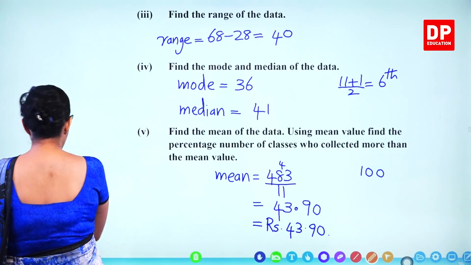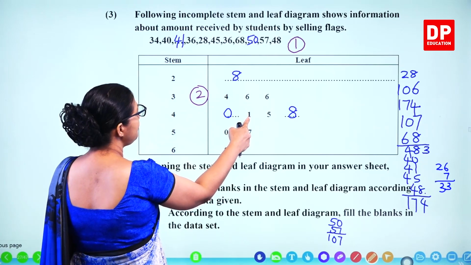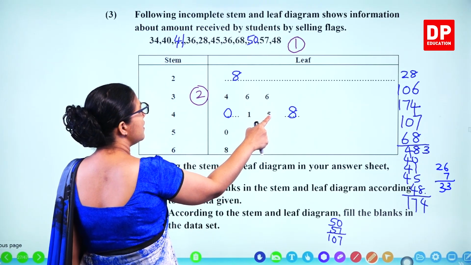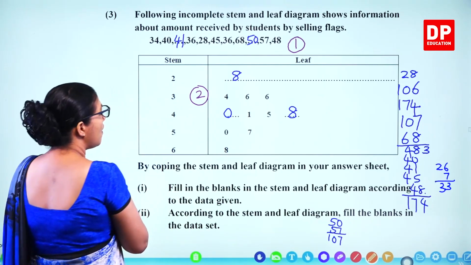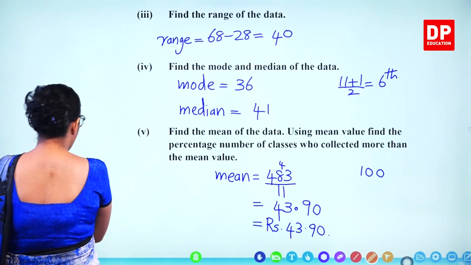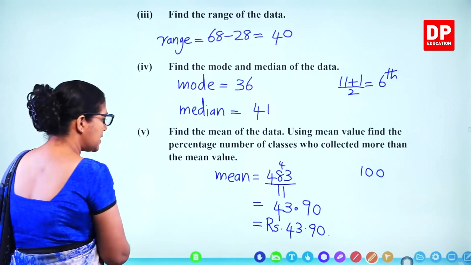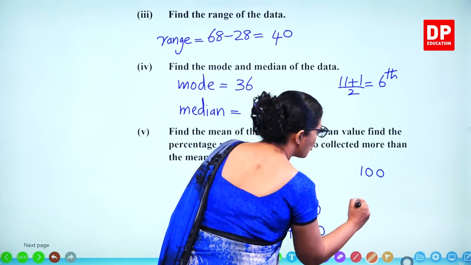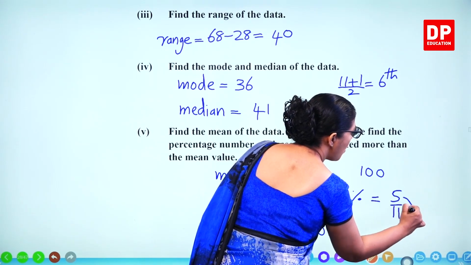Then find the percentage number of classes who collected more than the mean. So more than the mean, above 43, you get 45. So 1, 2, 3, 4, 5. More than 43.9. So 5 out of 11. So what's the percentage? Percentage is 5 out of 11 times 100%.